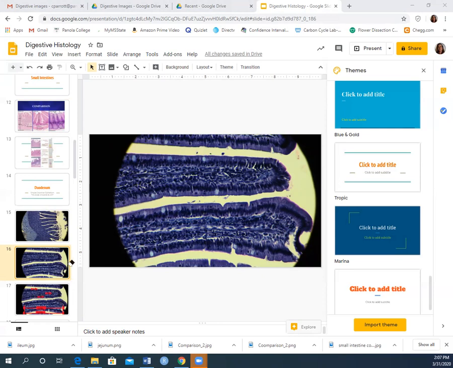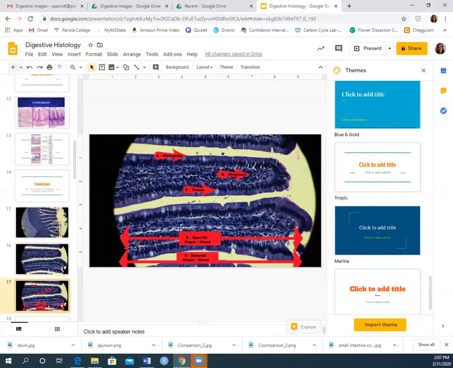And then if we go to the next one, okay, A is pointing at the teeny tiny little fingers called villi. Right here, do you see that A arrow? The B arrow is pointing to the plica circularis.